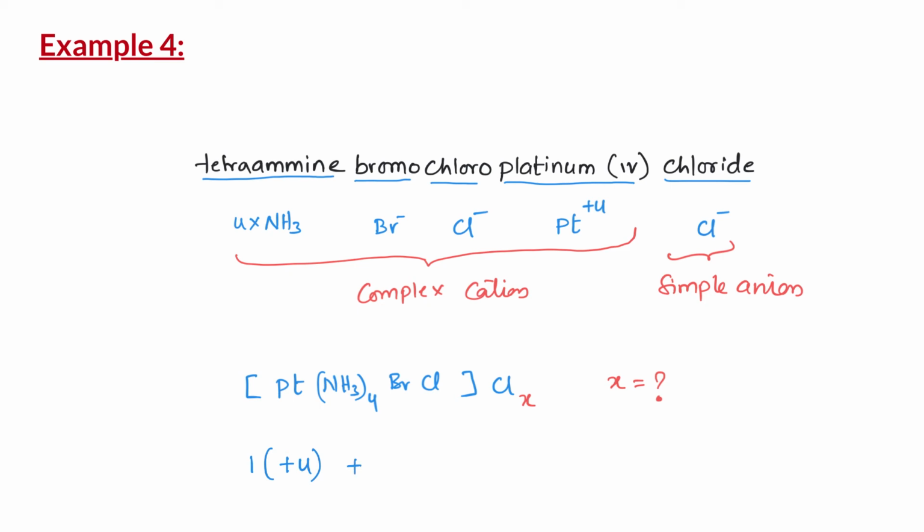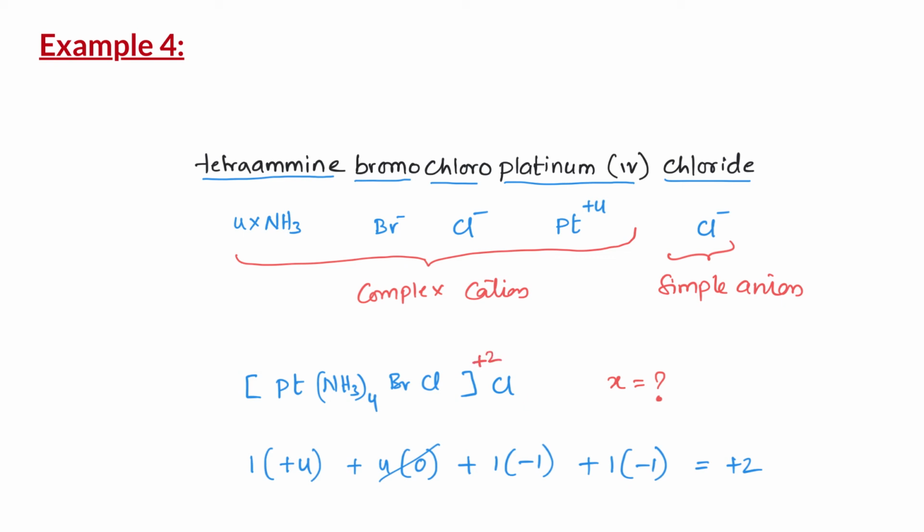We have 4 ammonias. Each of them has oxidation number of 0. We have 1 bromine with -1 and we have 1 chlorine with -1. If you add all these oxidation numbers, we get +2, which is the overall charge on the complex cation.